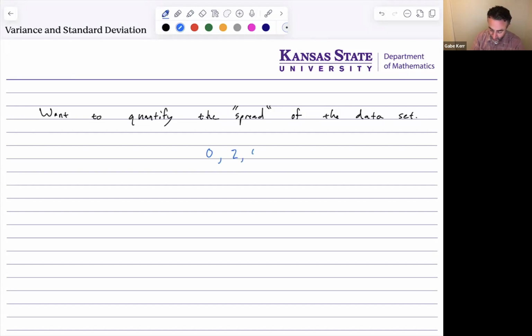One will be an evenly spaced data set, the even numbers from 0 to 10, so 6 data points. Another will also have 6 data points, all just the number 5, the average, over and over again.